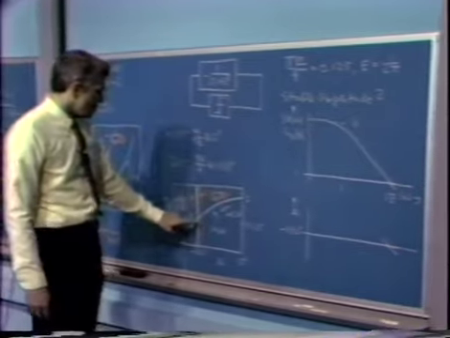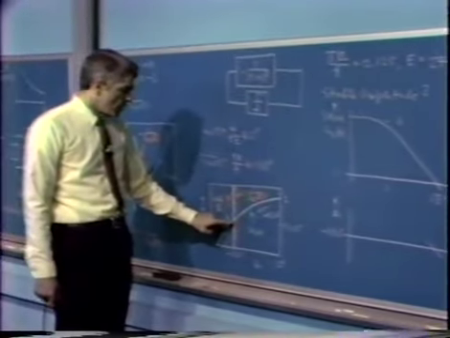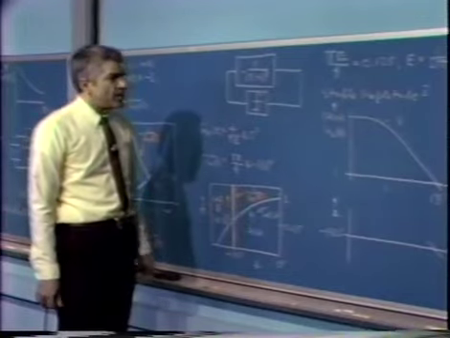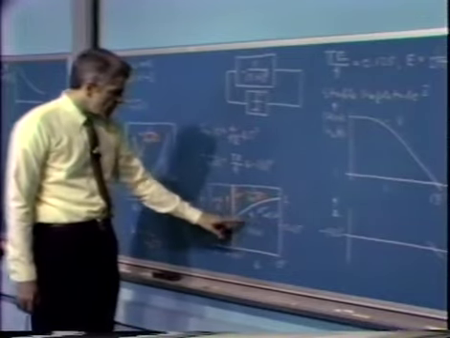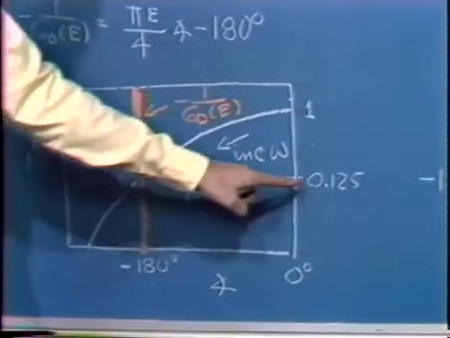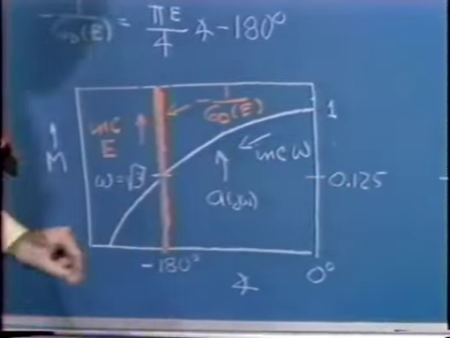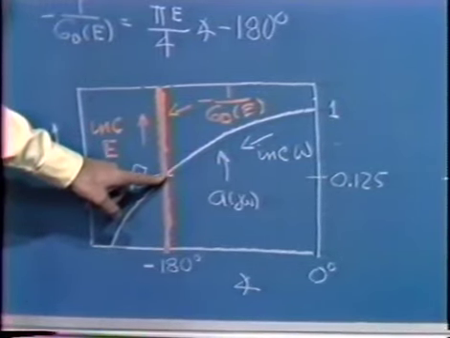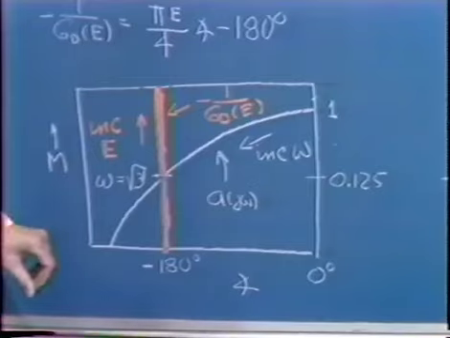The condition, of course, is the intersection between the minus 1 over GD of E curve and the A of j omega curve. We've already found out that at that intersection, the magnitude of A of j omega is 0.125, and that must, of course, also be the magnitude of the minus 1 over GD of E curve.